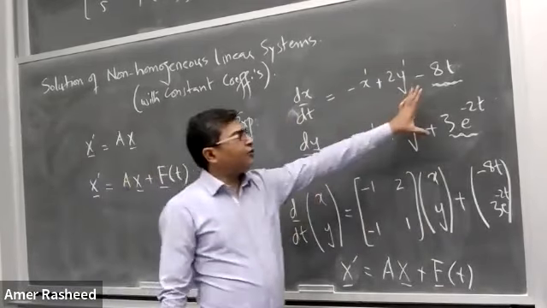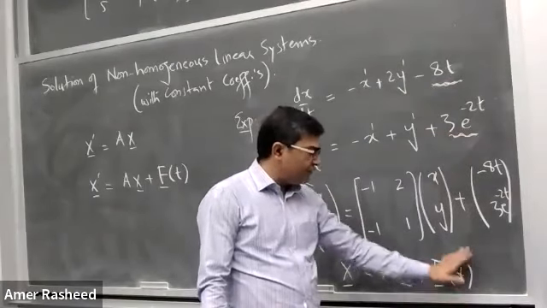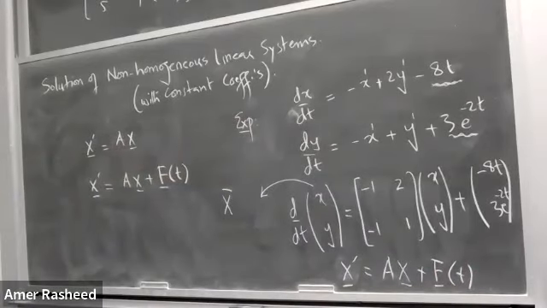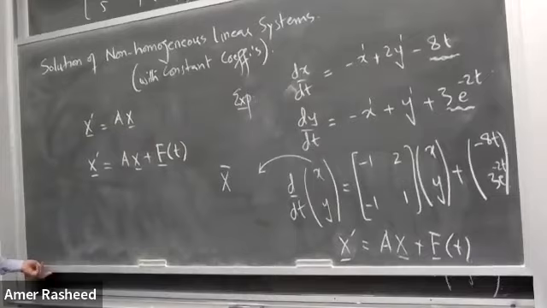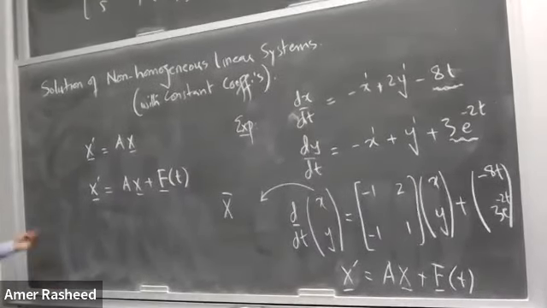Previously, we assumed that this function is 0 in homogeneous linear systems. There are two methods, in fact, which we can use to solve non-homogeneous linear systems.